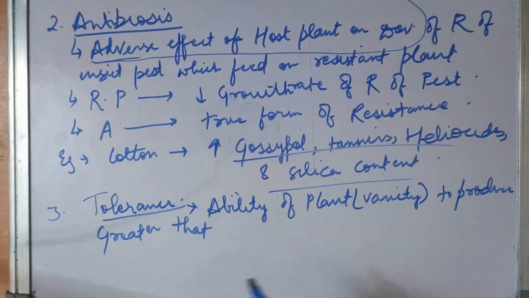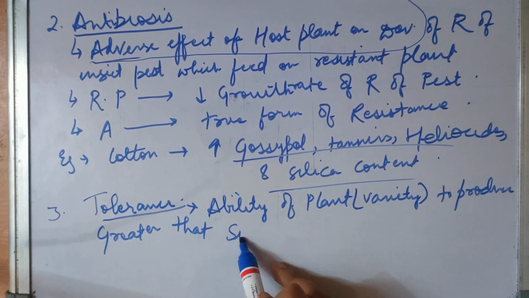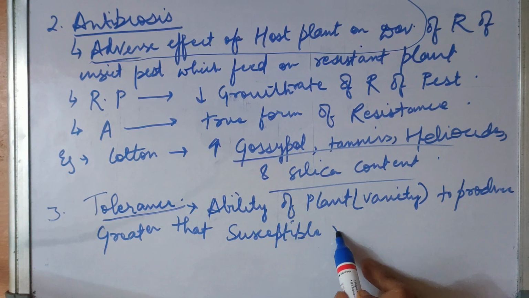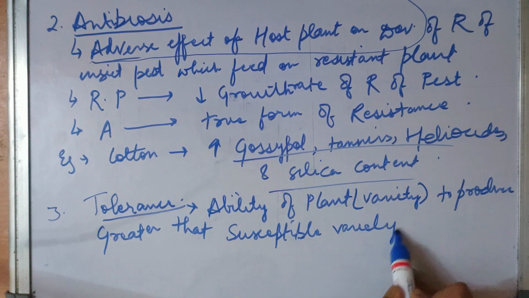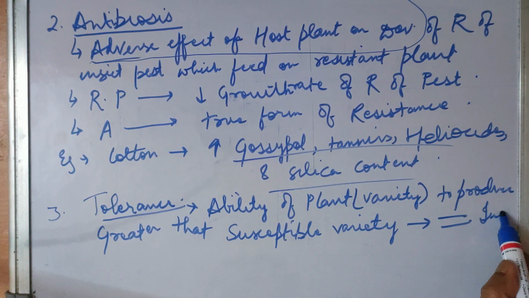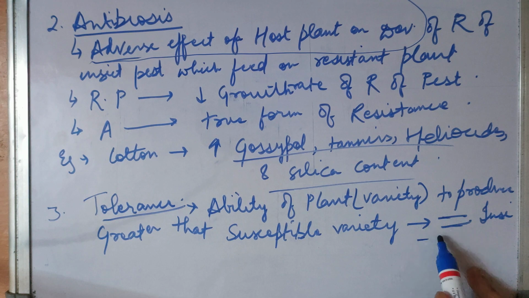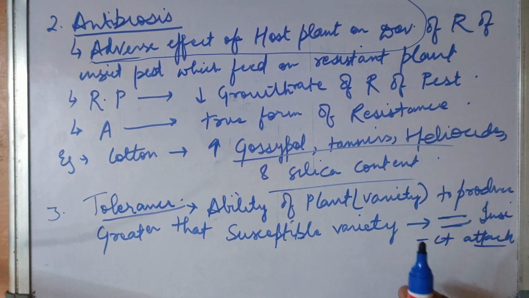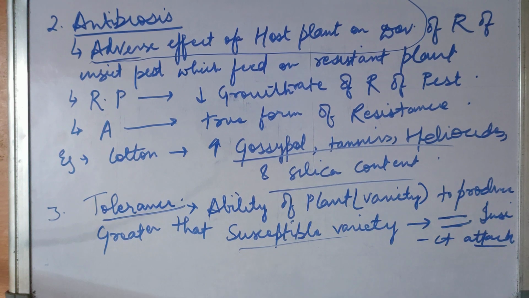The tolerant variety will always produce greater than susceptible variety at the same level of insect attack.